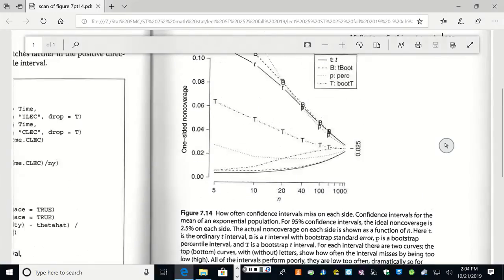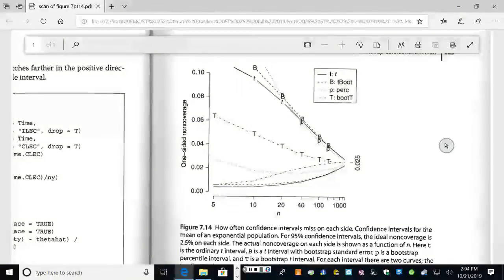So the top curve, it's too low more than 2.5% of the time. So it misses up quite a bit. And the bottom curve. The t intervals, the percentile intervals, and the bootstrap ones, they're all quite similar in terms of how they miss. But this bootstrap t interval that we just did is a little bit closer to 2.5%.